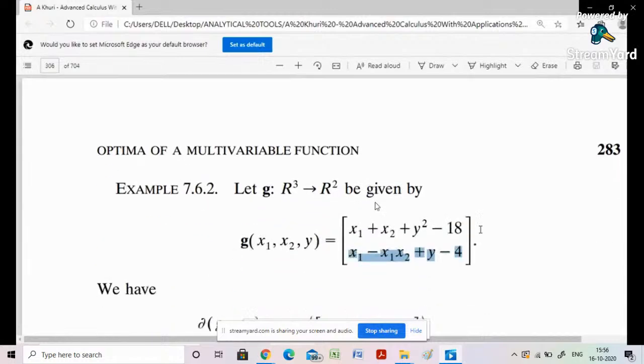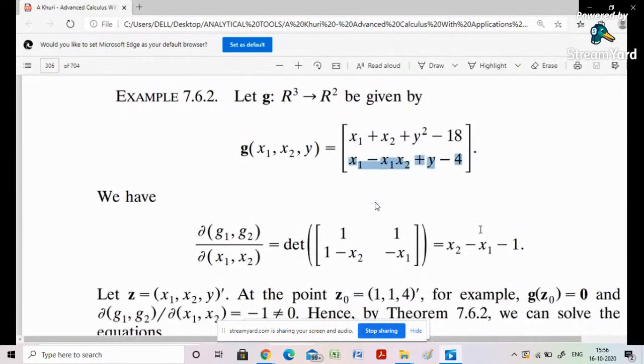We can consider an example. Let us look at this example. This is g from R^3 to R^2, represented by g(x1, x2, y) equal to (x1 plus x2 plus y squared minus 8, x1 minus x1 x2 plus y minus 4).